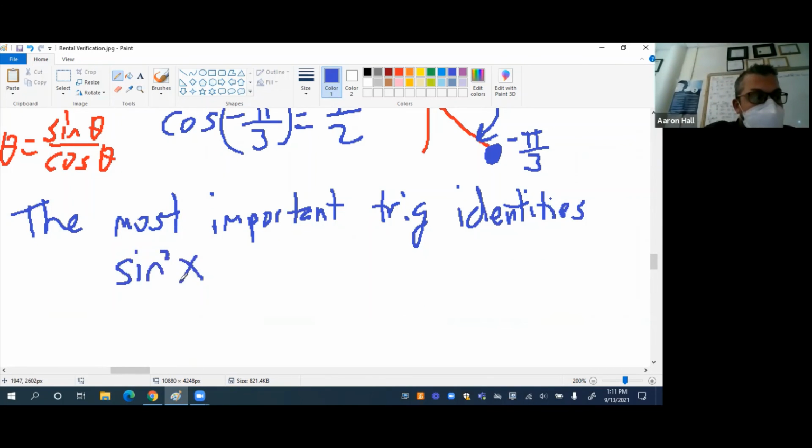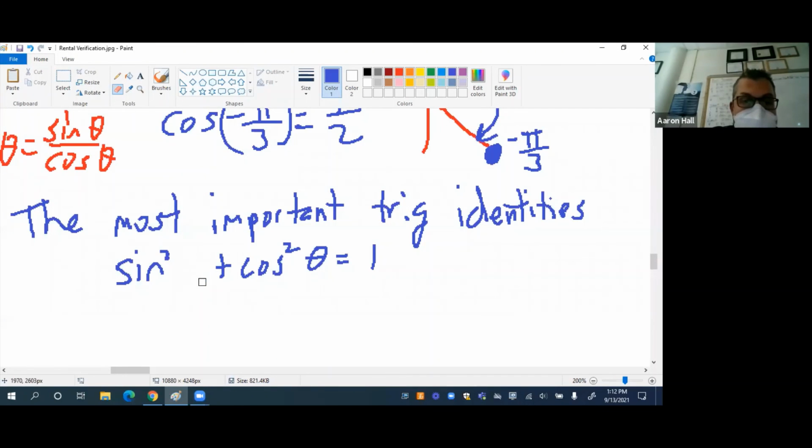Does anyone know what this one's called? Let's change this as well. It's called the Pythagorean identity, for our unit circle.